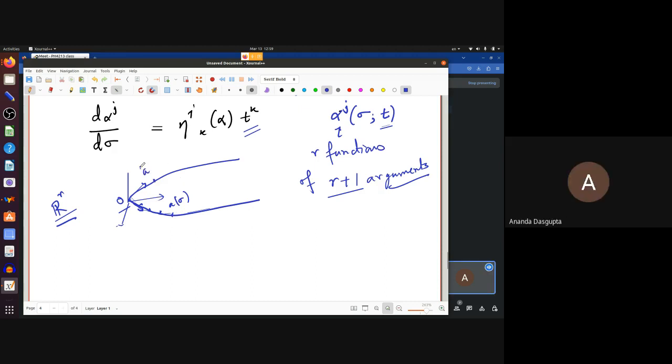So you will get maybe A tilde sigma, A tilde tau on this. Instead of saying this is A sigma and this is A tau, you say this is A tilde sigma, A tilde tau, and for a third tangent vector you get A double tilde sigma, A double tilde tau.